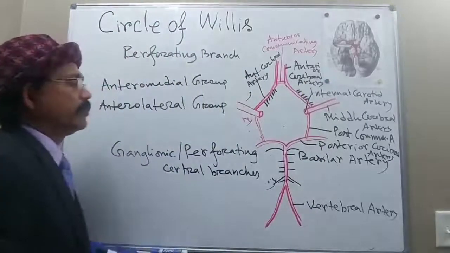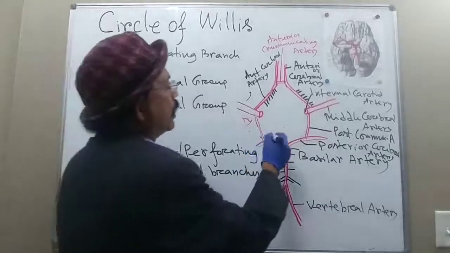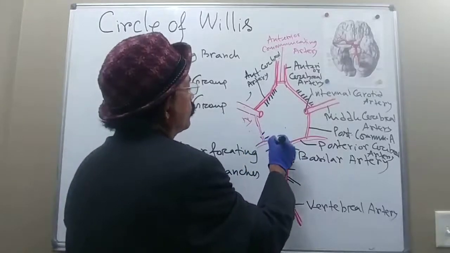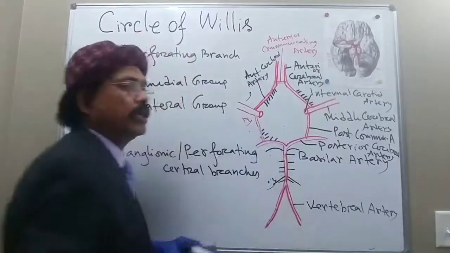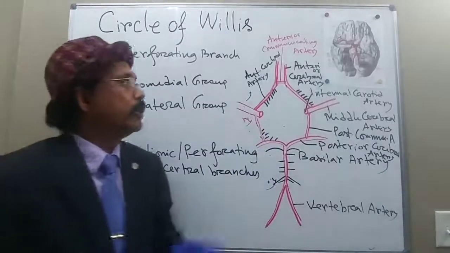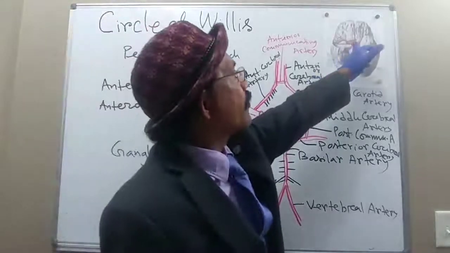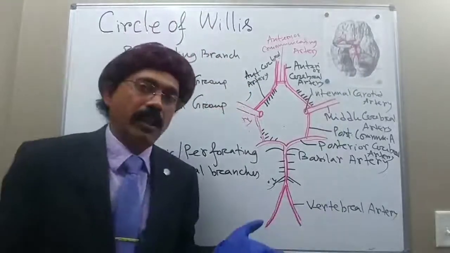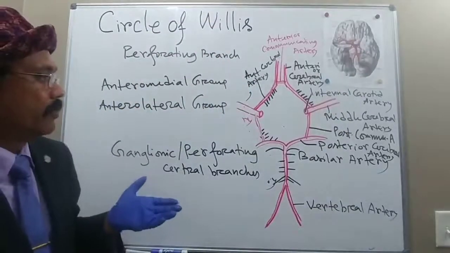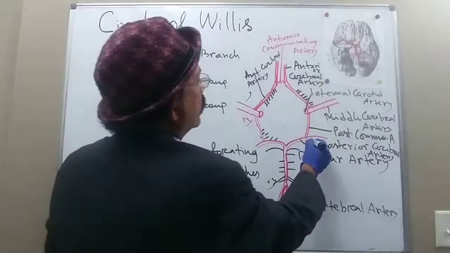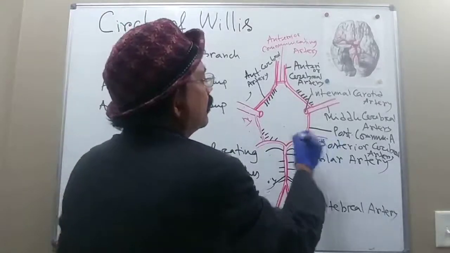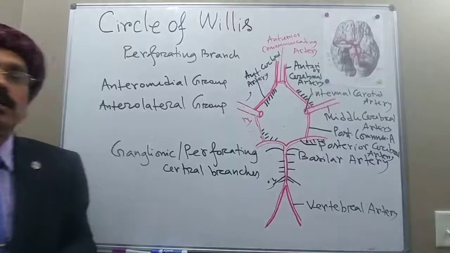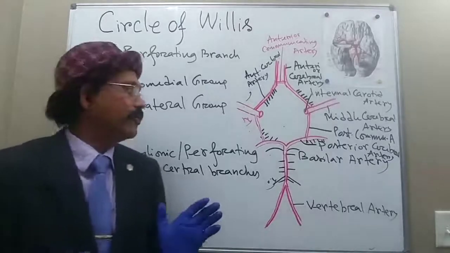We have the posteromedial group here. This will supply the crus cerebri and hypothalamus, part of thalamus. We have the posterolateral branches that will supply the midbrain, also part of thalamus.